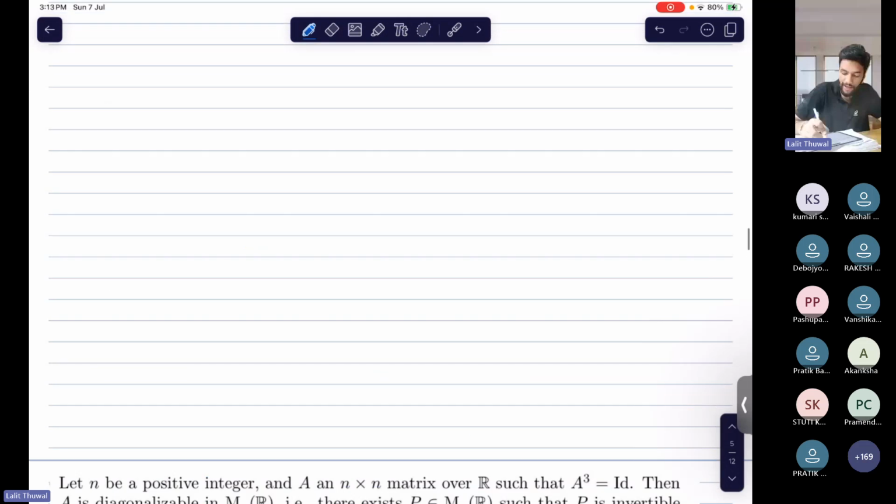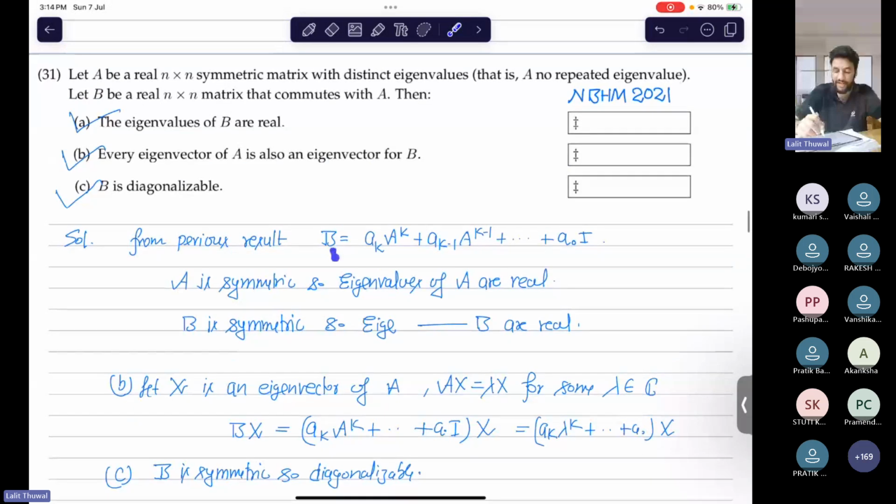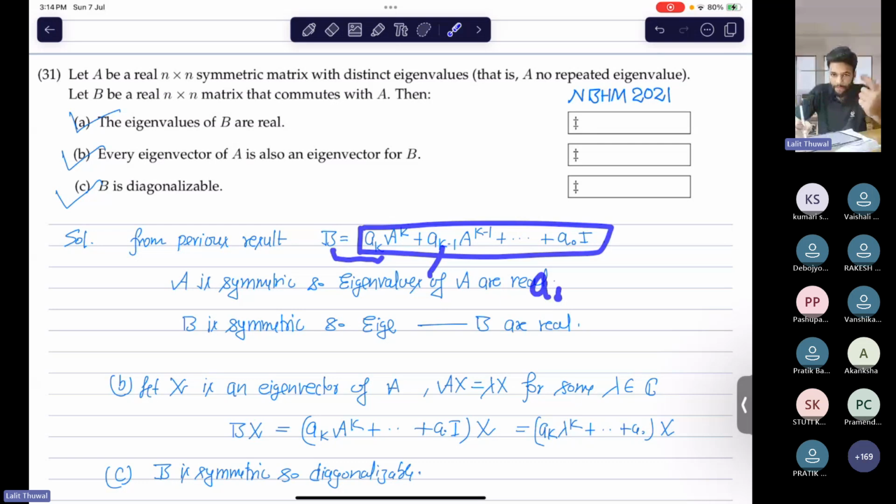So Deepika, you have asked that if B is not real, then what, right? B is real here because B is a polynomial in A. The entries of A are from the field, because A is a real symmetric matrix. So B is a real polynomial in A, as I proved in the last exercise.